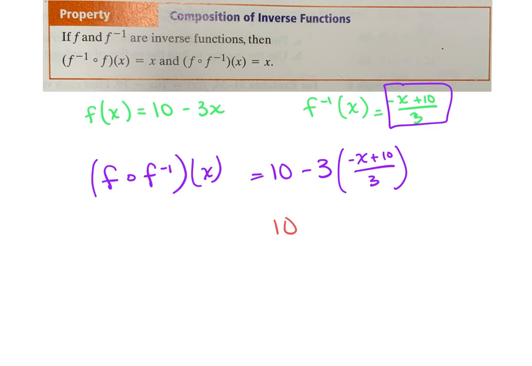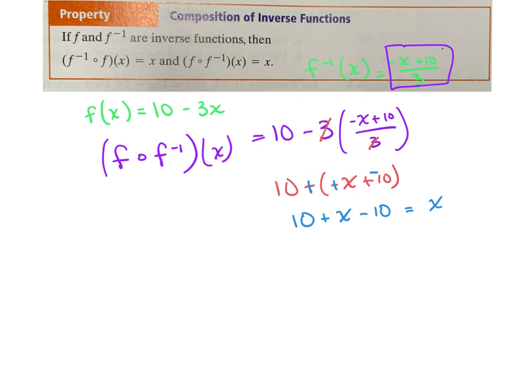These 3's will cancel, right? Everybody see that? So I have 10 minus the quantity negative x plus 10. Let's distribute that negative through. We have 10 plus x minus 10. What happens to my 10s? They cancel, I get just x. Every time.